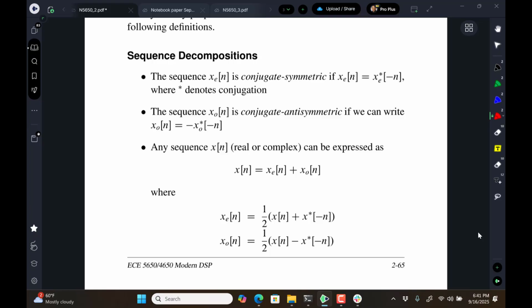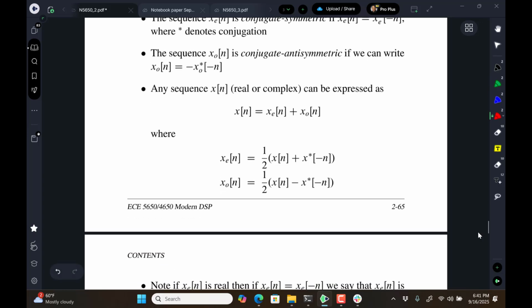So this gets involved with even and odd, symmetric and anti-symmetric, and it's basically telling you something that you probably either saw or heard about in 3205, Signals and Systems 2, that any sequence, whether it's real or complex, can be written in terms of an even part and an odd part.